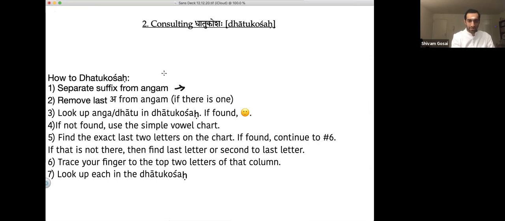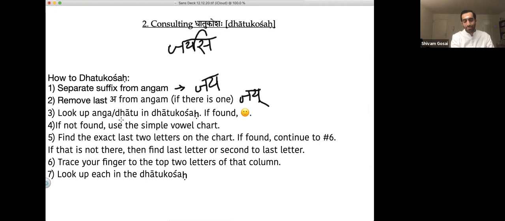Okay, so the verb, we write down the verb. Remove the suffix from the angam, so I removed the suffix si, and so I'm left with jaya. Now I removed the last akara from the end, so I'm left with jay.